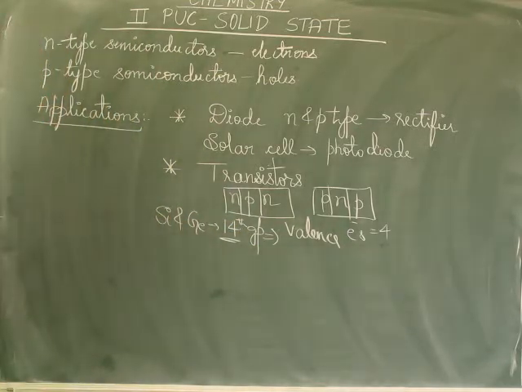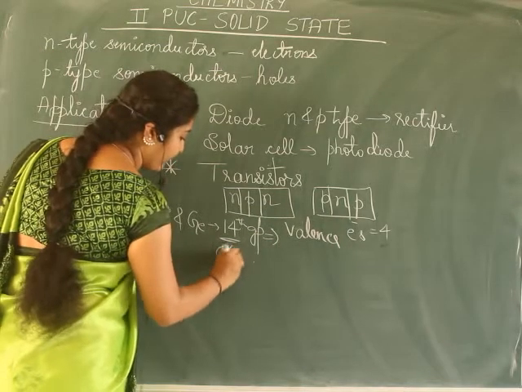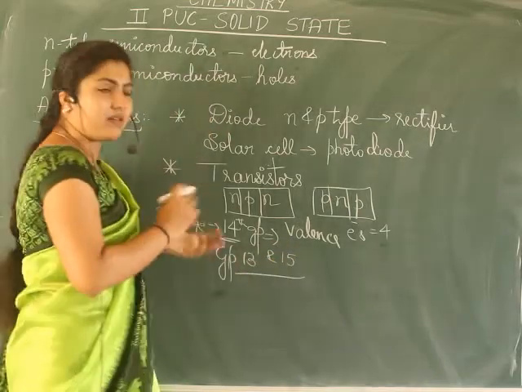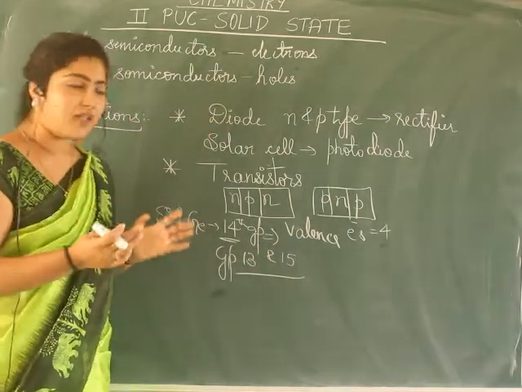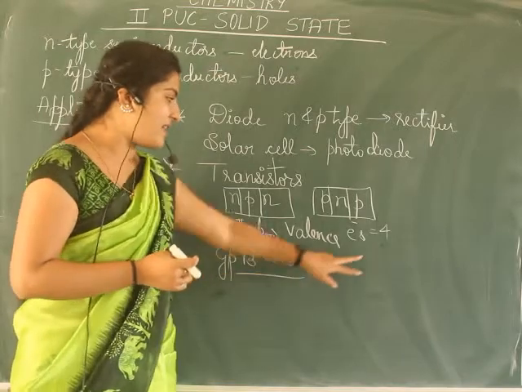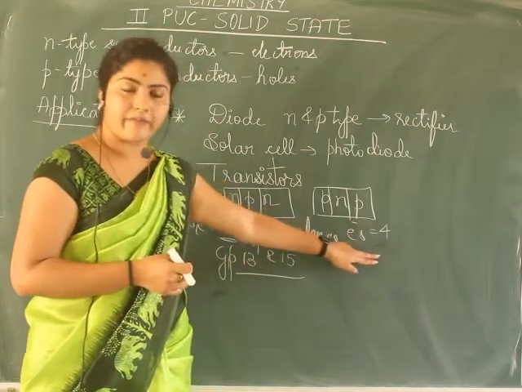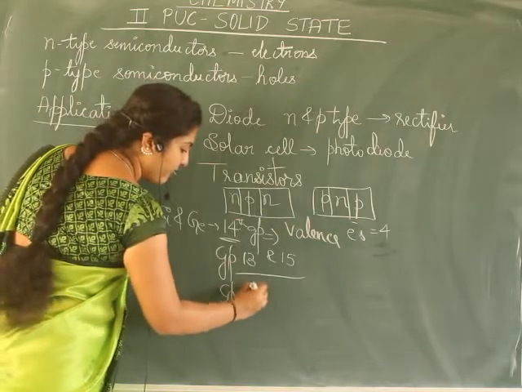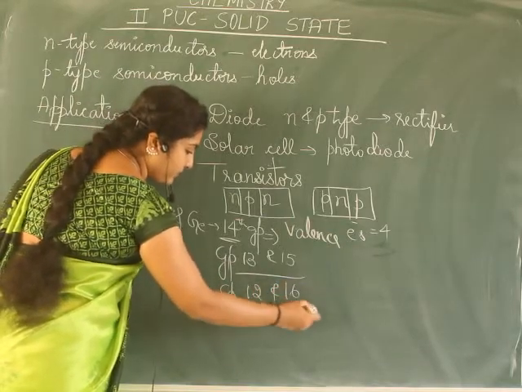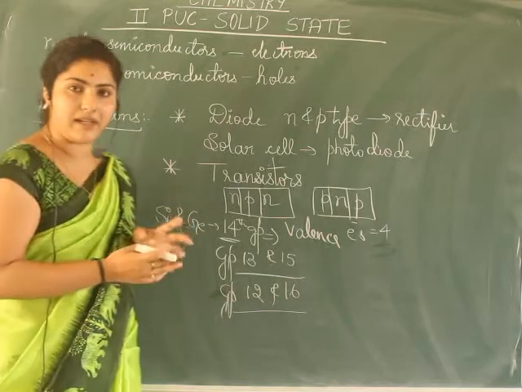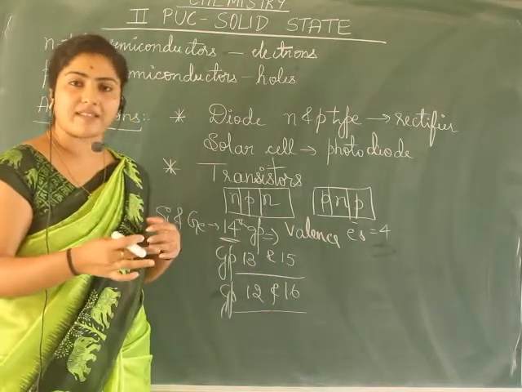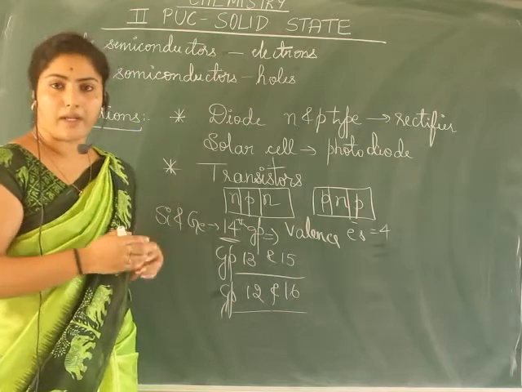That is, they sometimes use group 13 and group 15 elements, which are doped or combined so that the valency lies in the range of silicon and germanium. Otherwise, group 12 and group 16 elements are combined, so that again the valency will be almost that of silicon or germanium.